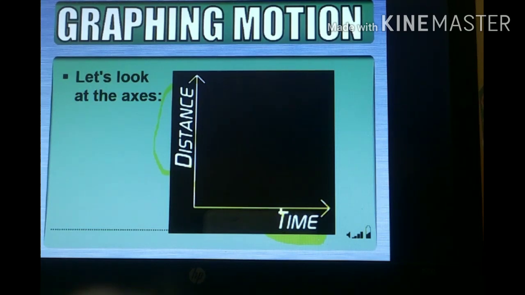Because we consider time as constant, or else you can say we note down the distance traveled after an equal amount of time. Take for example, after 1 second we note down, after another 1 second, after another 1 second. So time will remain constant. What is the term changing? That is distance. Whichever term is changing, that is taken along the y-axis.